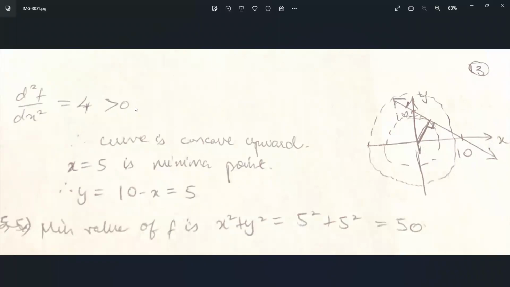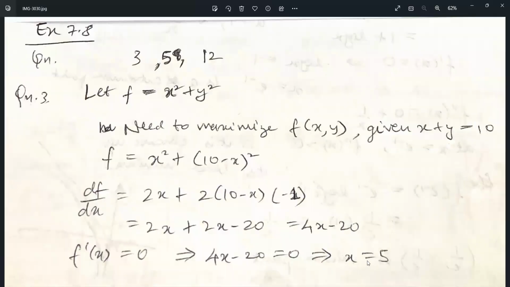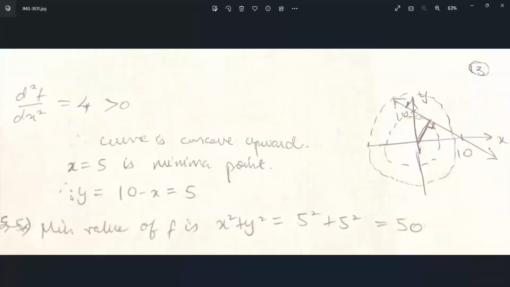What we know from the second derivative test is that if the second order differentiation is greater than 0, it is a concave upward curve and we have the minima point. So x equal to 5 gives us the minima point, and the corresponding value of y is 10 minus x, equal to 5. So the minimum value of f, x square plus y square, is 50.